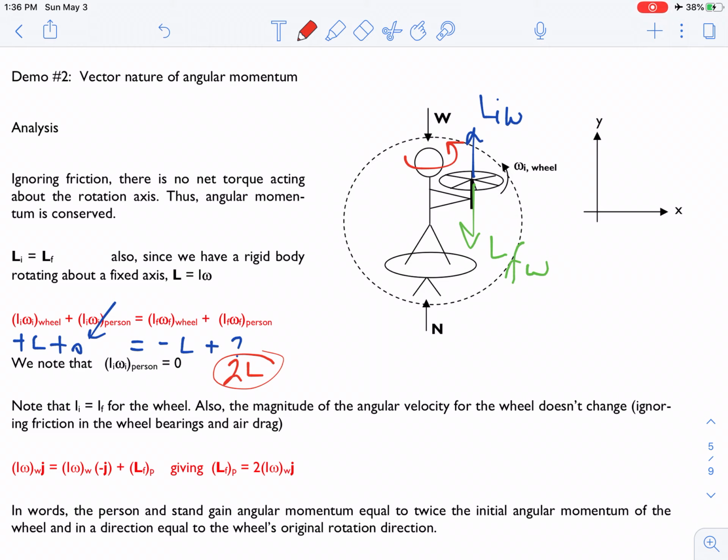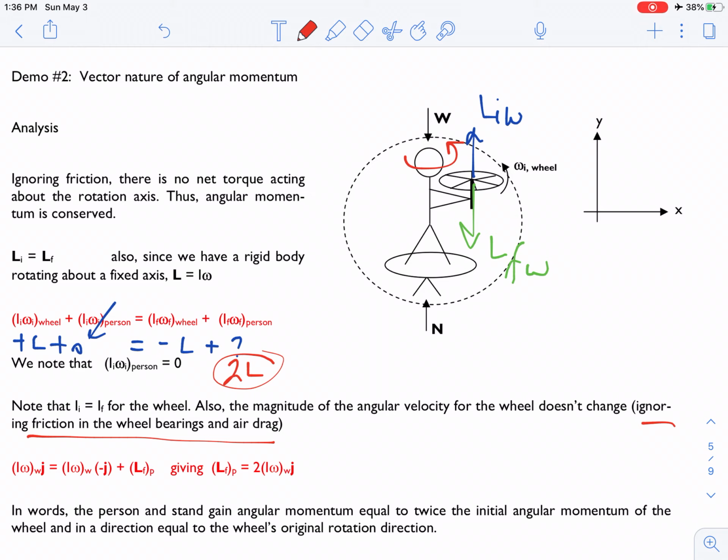And then on each side, right and left, we simply have the same angular momentum because the angular momentum should be conserved. Okay, and in this process we are ignoring the friction in the wheel bearings and the air drag, because we're assuming there are no external torques, right?